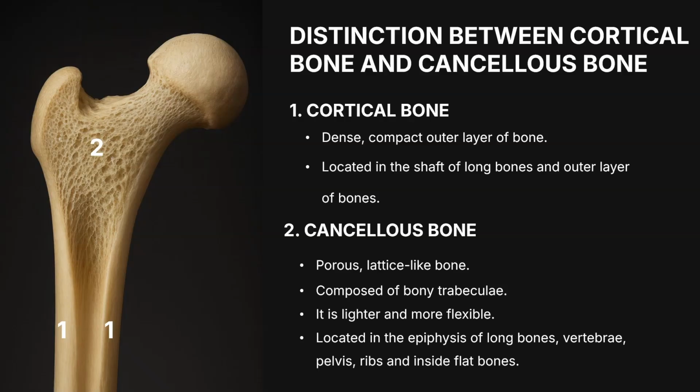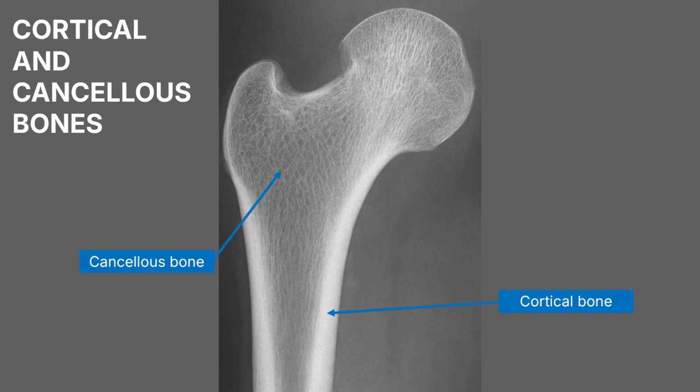It is composed of a network of tiny bone rods, called trabeculae, with spaces in between. This bone tissue is found at the ends of long bones, vertebrae, and ribs. The difference between these two bone tissues explains why fractures behave differently, why osteoporosis affects imaging appearance, and why bone density matters clinically. Recognizing cortical and cancellous bone patterns is fundamental in image evaluation.